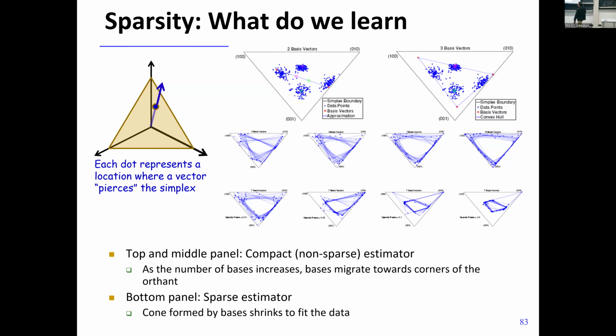If I just learn, say, 3 bases over here, the 3 bases can be anything. As I increase the number of bases to 4, 5, the bases no longer have any relationship to the data itself. But the moment I begin imposing sparsity, saying that my weights must be sparse, you can see how the bases quickly compact up. And the hull of the bases actually captures the hull of the distribution of the data, right?